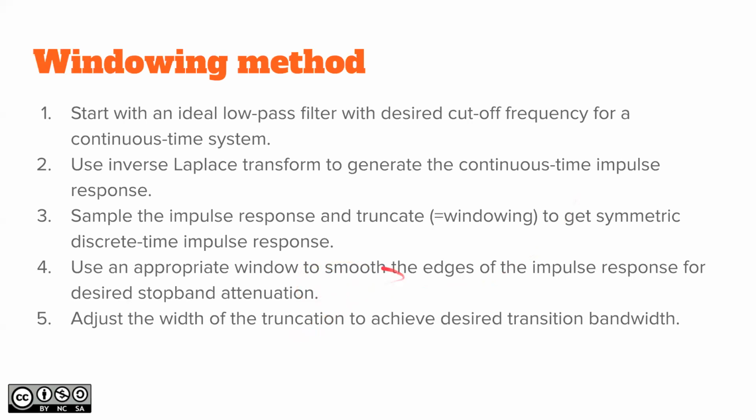But we can actually smooth the edges of the impulse response. And then the last point would be to adjust the width of the truncation for getting a good enough transition bandwidth. So the stop band attenuation is actually characterized by.